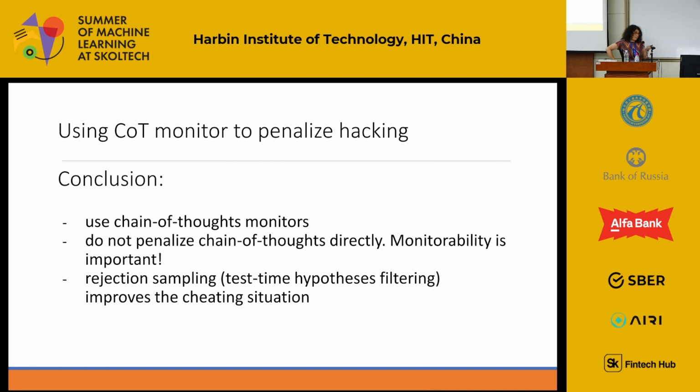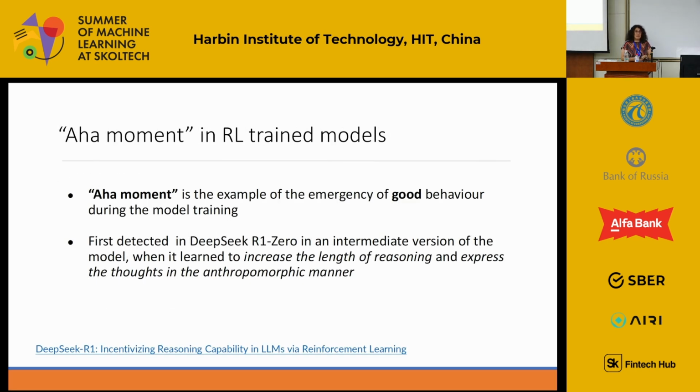But the proper thing which you can use is rejection sampling. So you can analyze the hypotheses after they were generated, choose the best one, and fine-tune models. That actually may work much better to reduce cheating. So you just teach the model how not to cheat better than how to cheat.